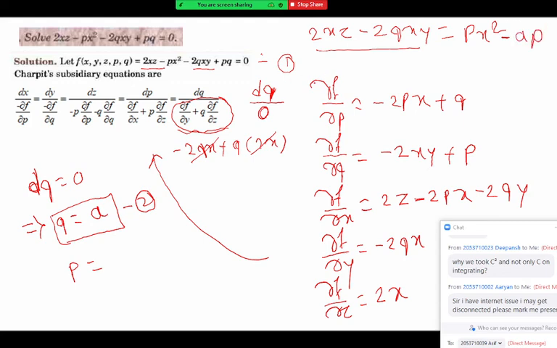I replaced q by a, and now p is taken common, x square minus a. What is the value of p then? 2x is common from this side. We get z minus the value of q, which is a, so in bracket z minus ay, divided by x square minus a. Is it okay?